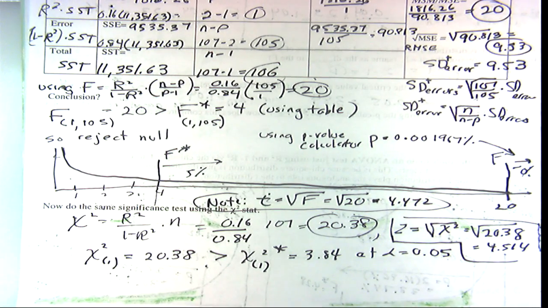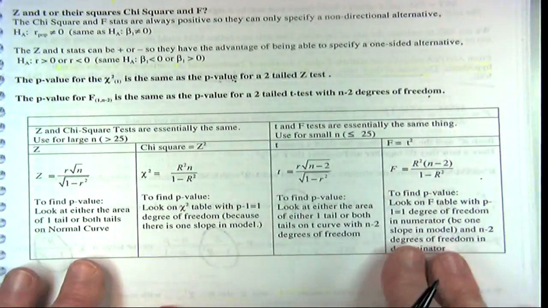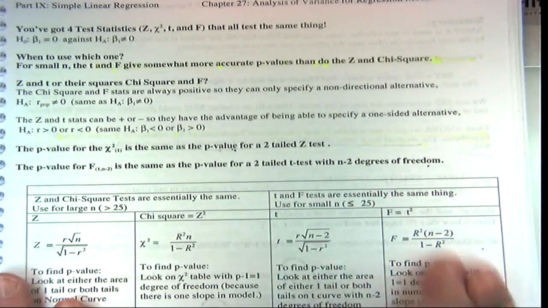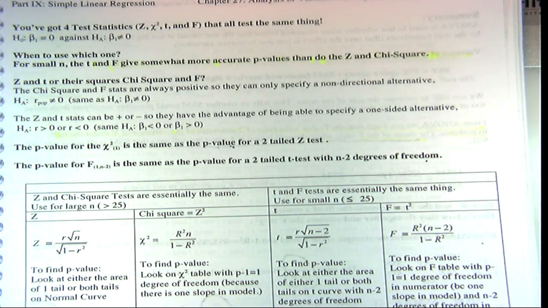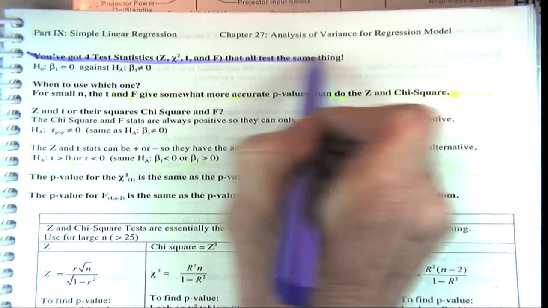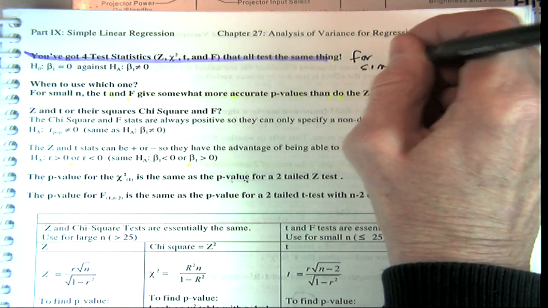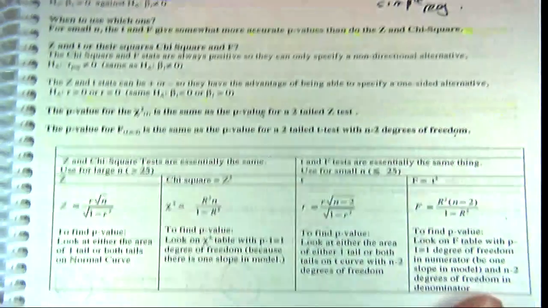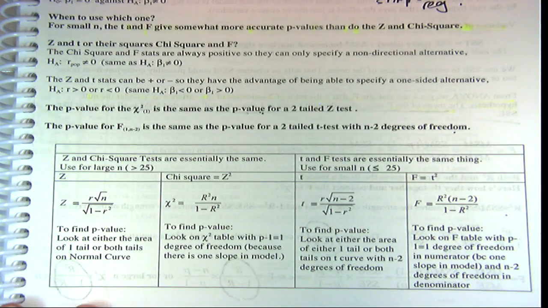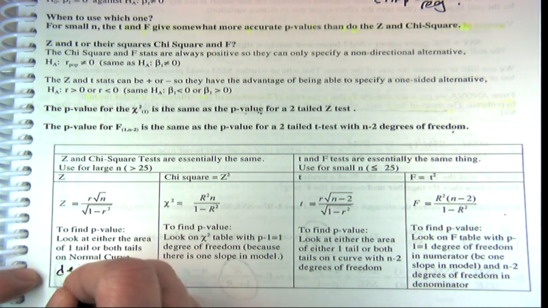Now, one last thing that I want to show you, and that's on the next page. You have 4 statistics. You're going to be filling out a chart like this on your homework. You have 4 statistics that test the same thing for simple regression. They all test the same thing. So to find the p-value, you can either do one tail or both tails on the normal curve, depending on the alternative.